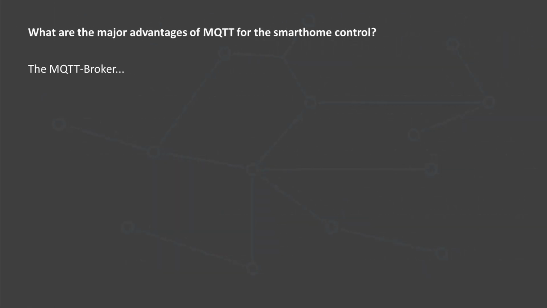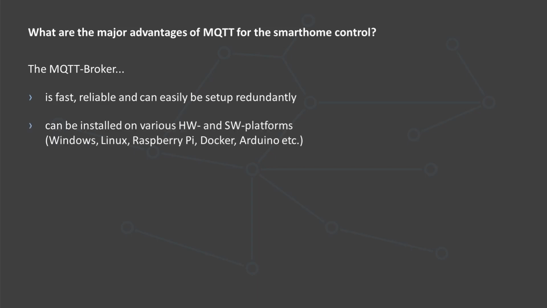What are the major advantages of MQTT for the Smarthome Control? The MQTT broker is fast, reliable and can easily be set up redundantly. MQTT has been used in the industry for many years and is a well-proven technology there. Very helpful is the fact that MQTT runs on many platforms so that we are not limited to a specific system. There are MQTT solutions for Windows, Linux, Raspberry Pi, Docker, but also for the Arduino world.